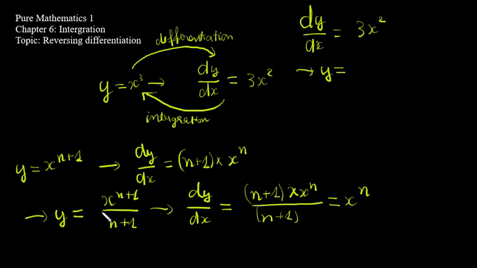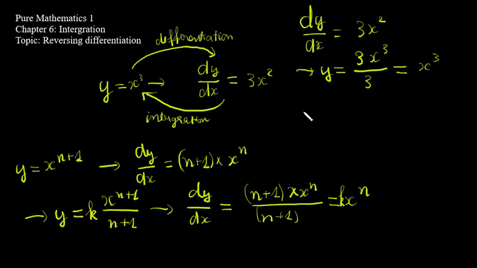We keep the constant 3 here, and because it is x to the power 2, n equals 2, so you have x to the power 3 over 3, because n plus 1 equals 3, which gives x to the power 3, exactly this one.